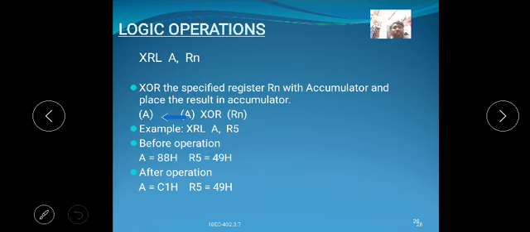Based on this we execute the XOR operation and get A equal to C1H, same as the XOR gate operation in the previous semester. We already discussed the truth tables of the XOR gate, XNOR gate, AND gate, OR gate, NOT gate, etc. Based on that we get this answer: A is equal to C1H, R5 is equal to 49H.